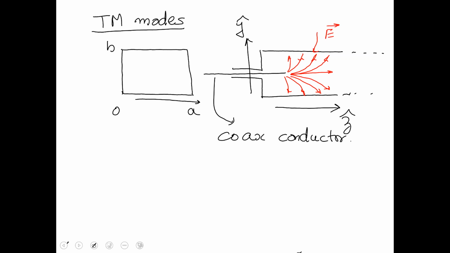The electric field is going to radiate out of that point, and thus you know that you are going to get components of Ez. So certain components of Ez are going to be excited.